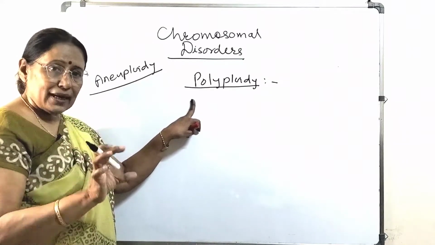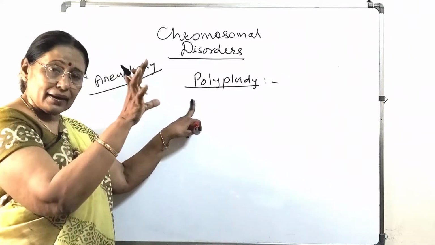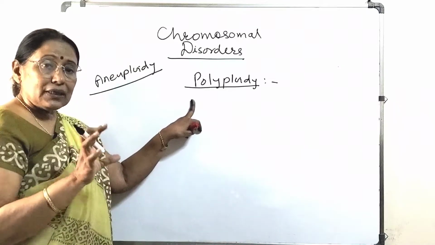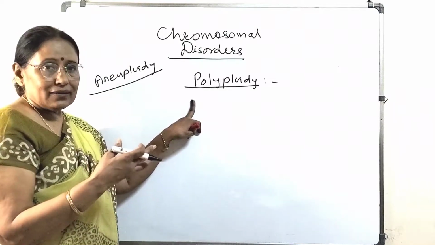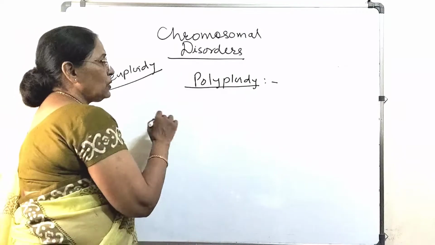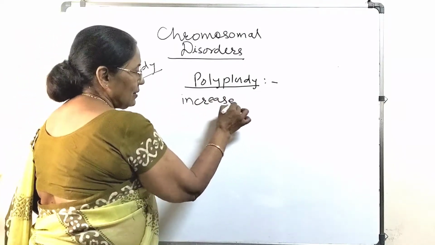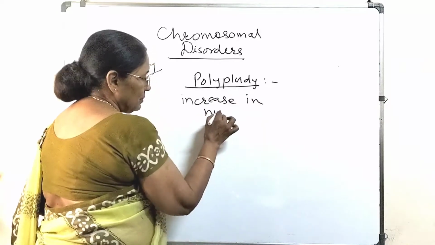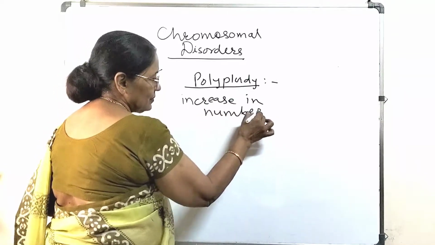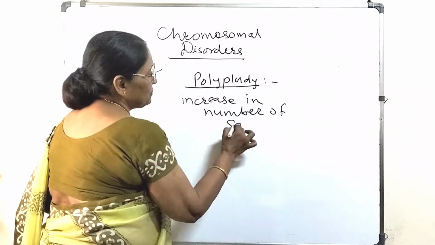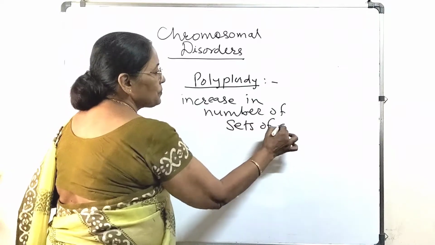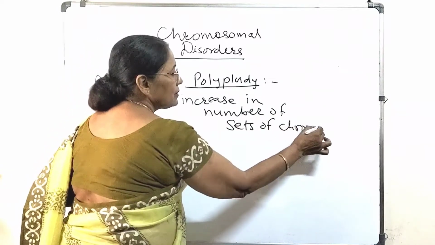If it is 10, then 10, again 10, again 10, like that. So the number of sets are increasing. So what is polyploidy? It is the increase in number of sets of chromosome. Understood? The difference.